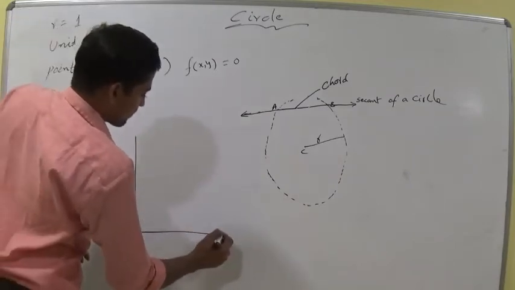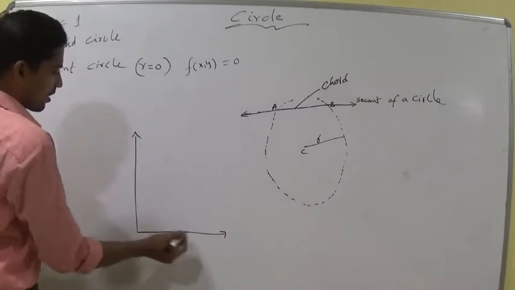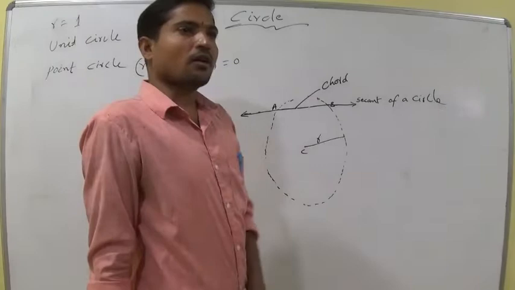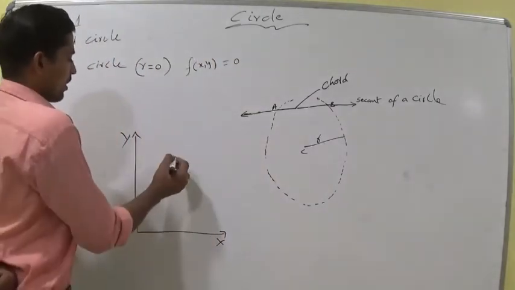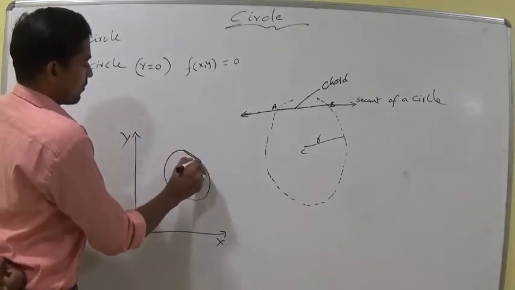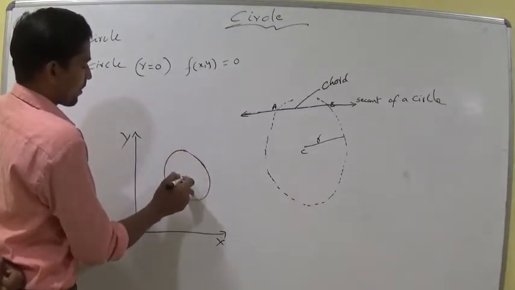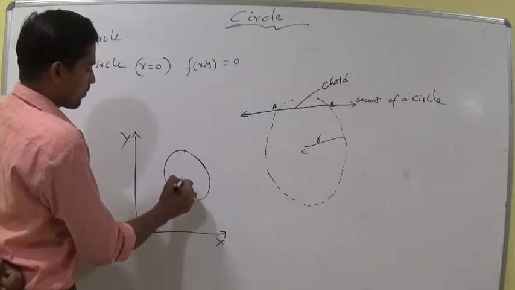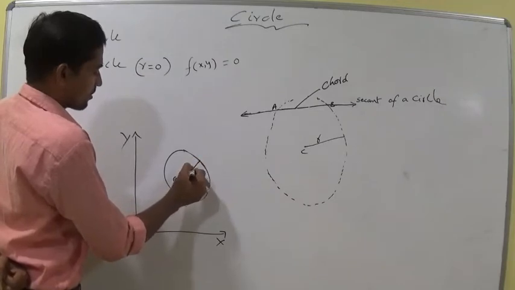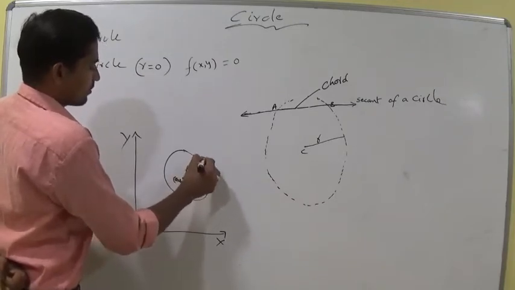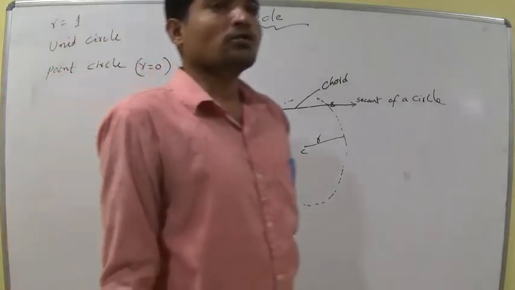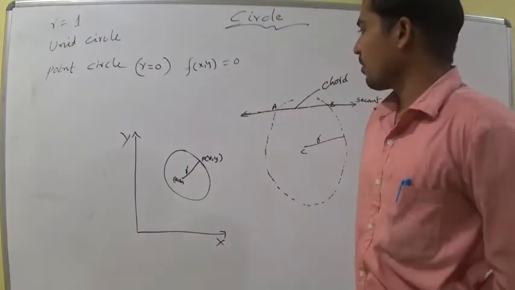Coordinate axes x, y. Take a circle with center A comma B, and its radius is R. From a point x comma y, take a point on the circle P x comma y.